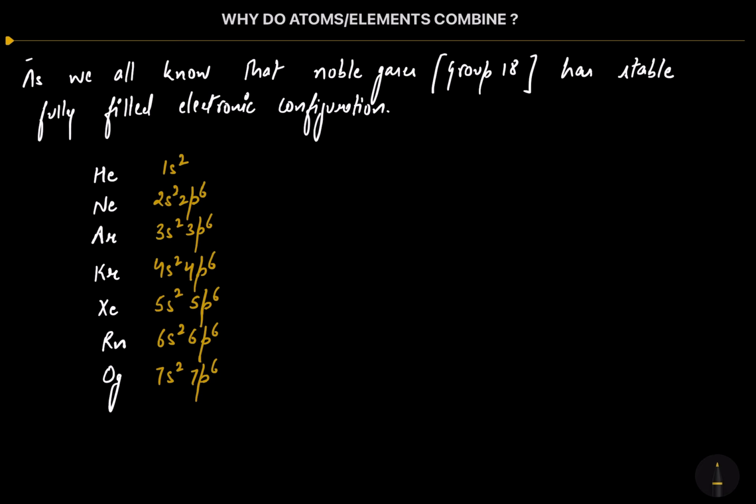So the general electronic configuration of group number 18 comes out to be ns2 np6, where n specifies the period number and also the main shell number.